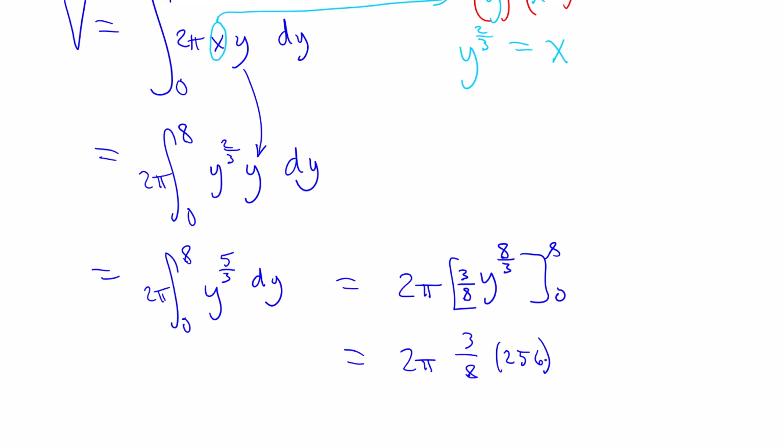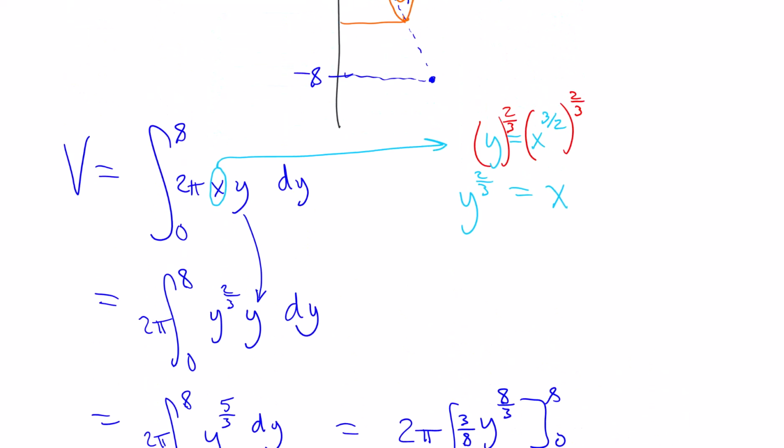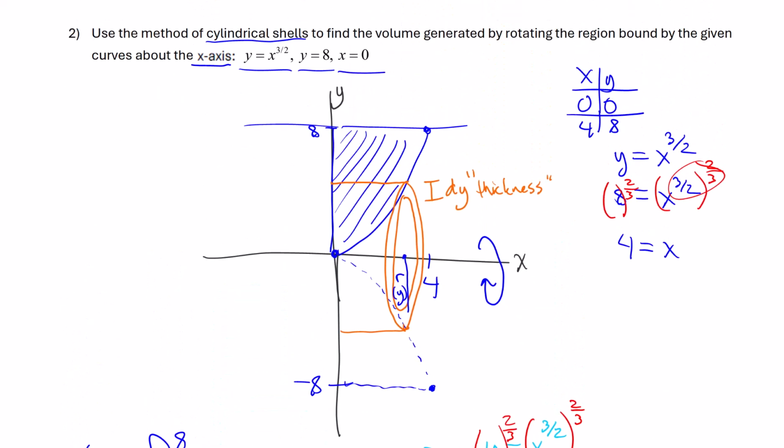That is 8 to the 8/3 power. Which, if you put that all together, I think it should be 192 pi. Again, double check the arithmetic on that. You can even check it using a calculator to make sure you get the approximate version of that, the 192 pi. But that should do it for our volume using the shell method for this problem.